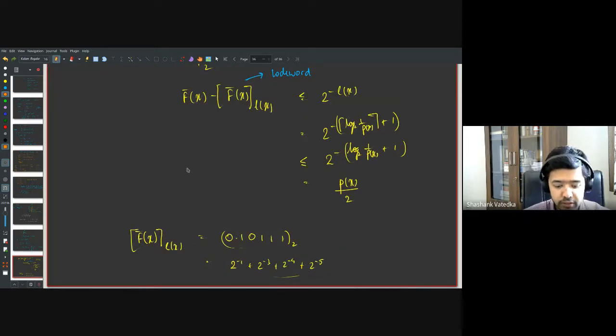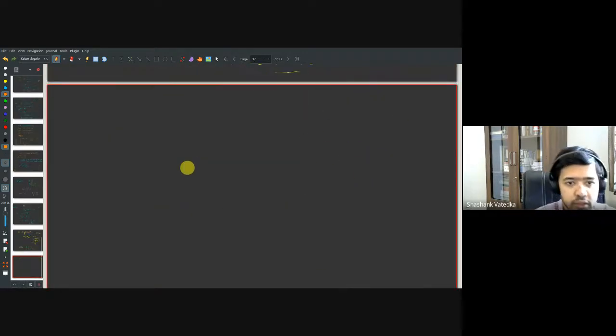So what do I need to show? Take any two symbols, x and x prime, x not equal to x prime.